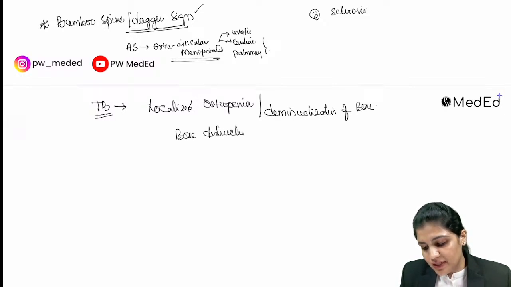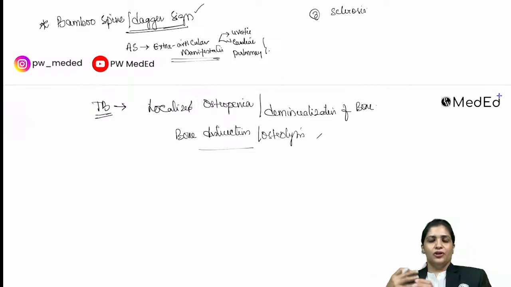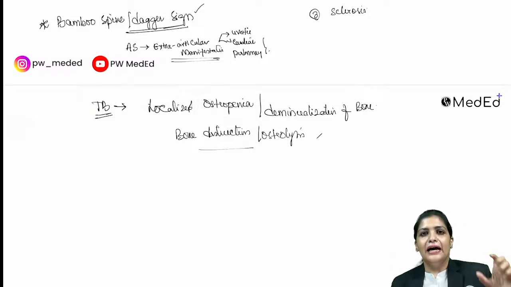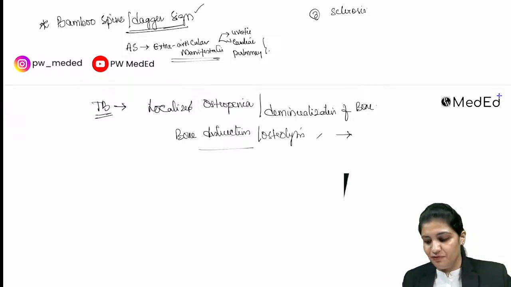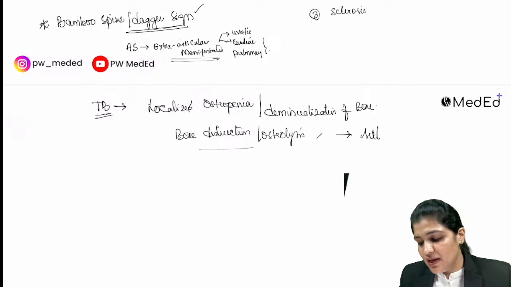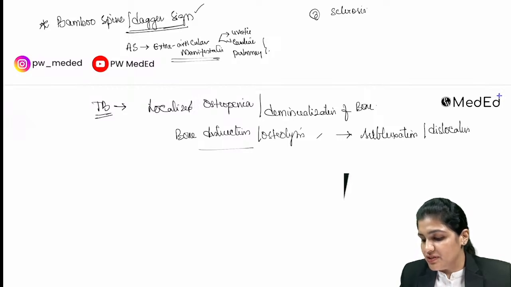So in TB you see bone destruction with osteolysis, right. There are also features of joint space narrowing, but mainly what you see in TB is destruction of the bone. Ultimately, because of this demineralization with deformity, they mainly present with subluxations and dislocations, right.